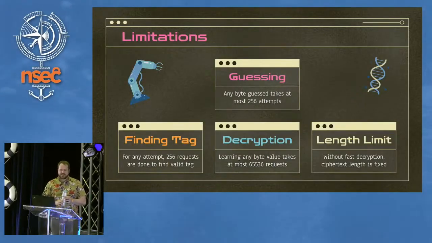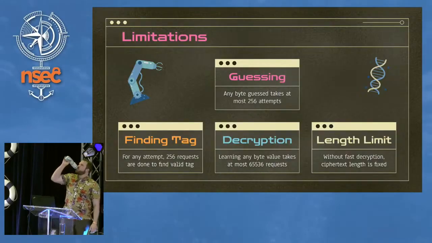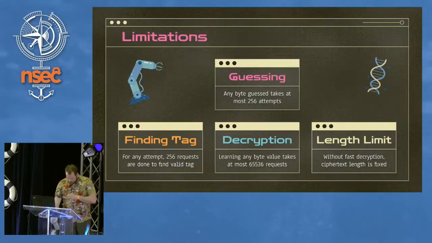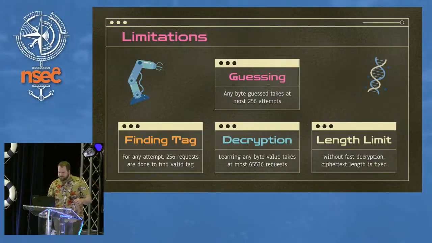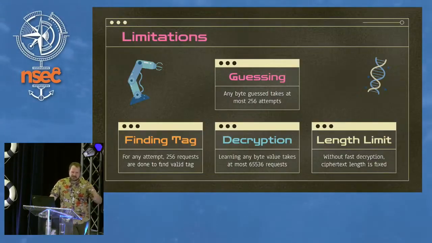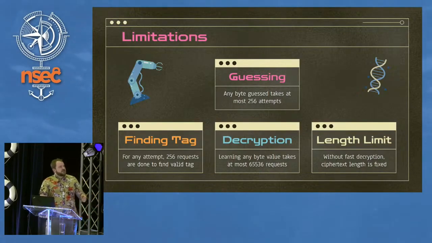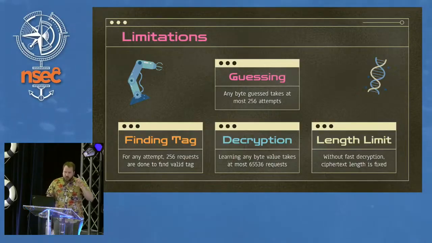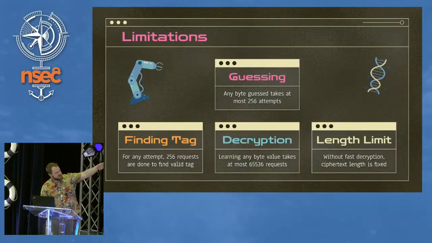Now, you might notice there's a limitation here. Every time you guess a value, it takes at most 256 attempts for 1 byte to be decrypted, right? Well, finding a tag also takes 256 requests. So for any attempt, you're doing 256.